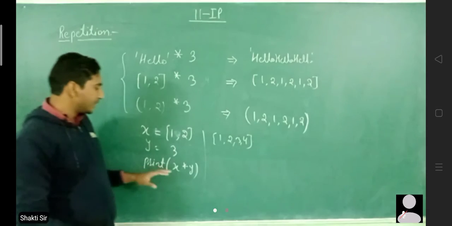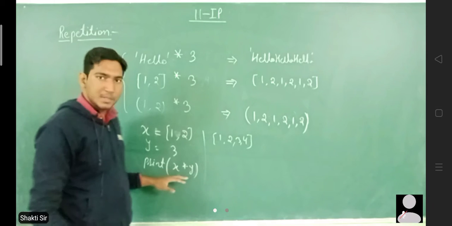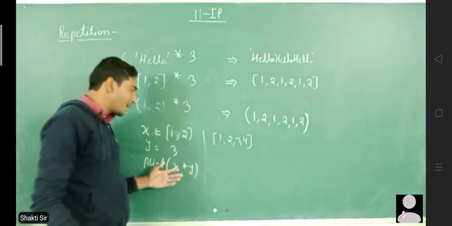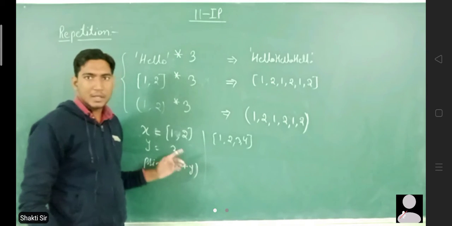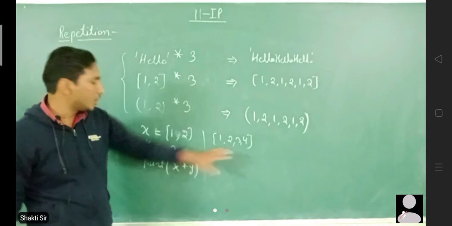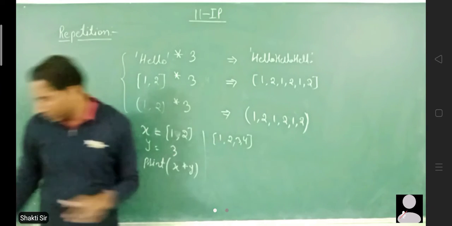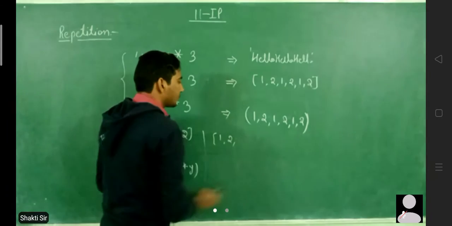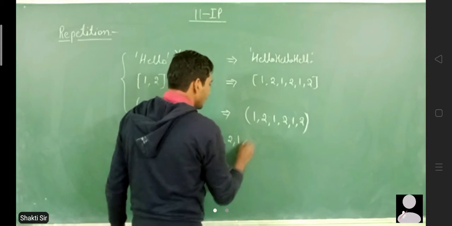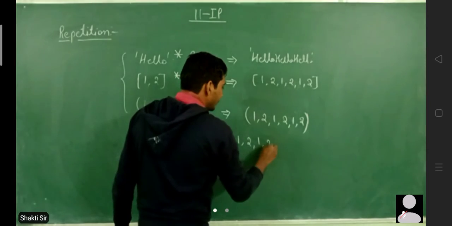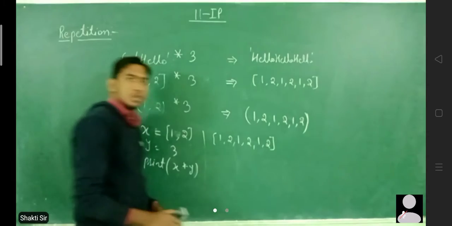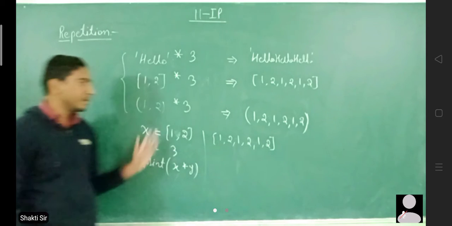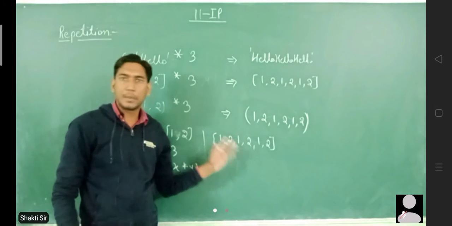If I write print x multiplied by y, or y multiplied by x, both are the same thing, and the output will come out to be 1 2 1 2 and 1 2, three times. So the original list will be repeated three times.